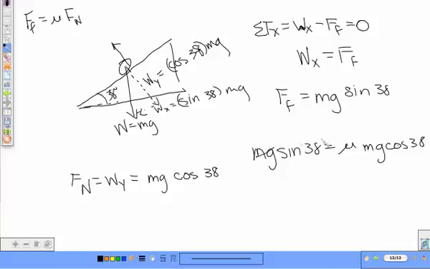Well, mg's can cancel out, right? So then if we have the sine of 38 over the cosine of 38, is this the coefficient? And that's all you have to do. So we don't need the weight on that one.